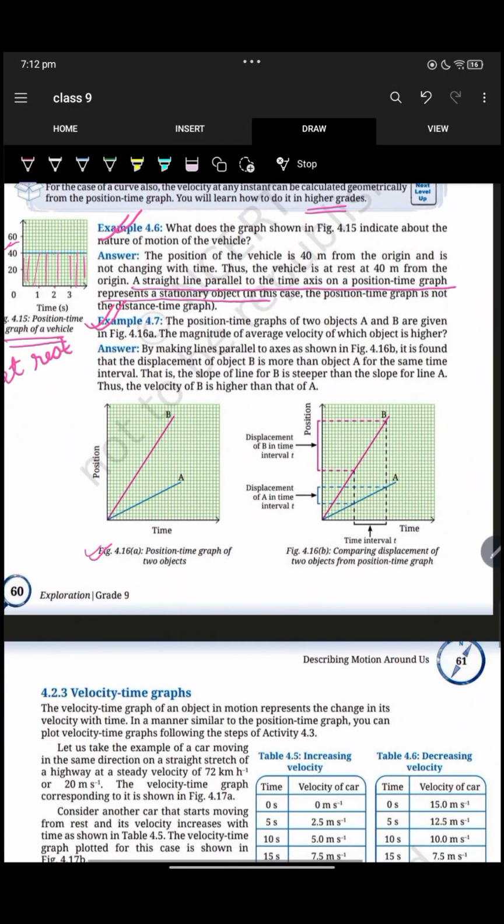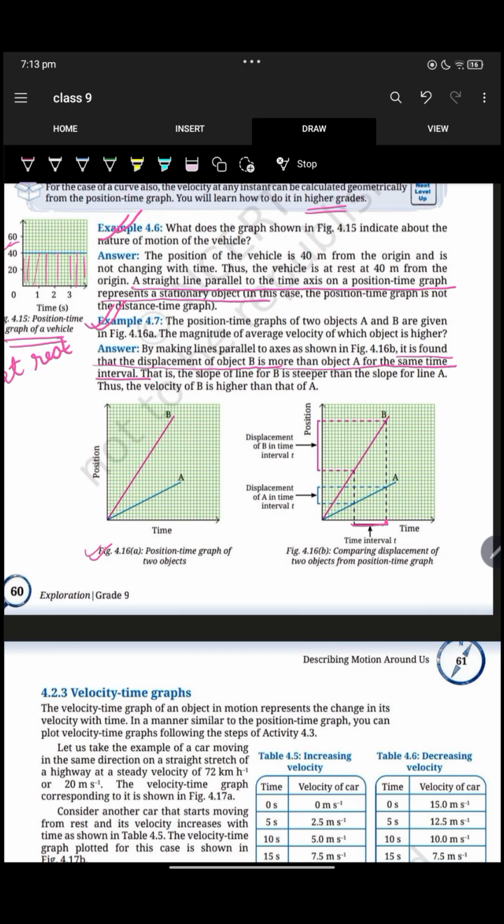It has been found that the displacement of object B is more than object A for the same time interval. So this is the time interval that was chosen.